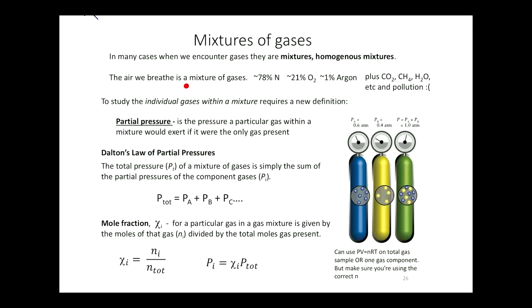In mixtures, for example, like the air that we breathe, almost 80% of the air that we breathe is nitrogen. That should say N2, that's a mistake. N2 gas, about 20% of it is actually oxygen gas.